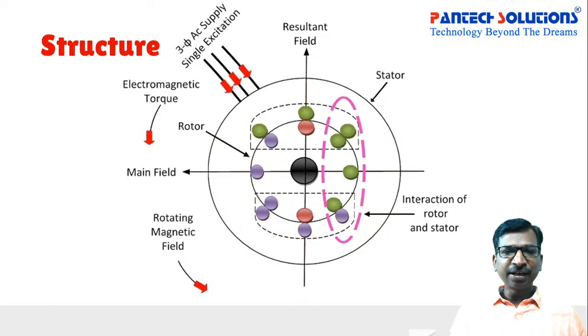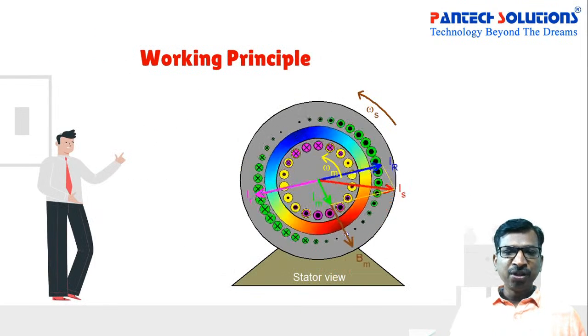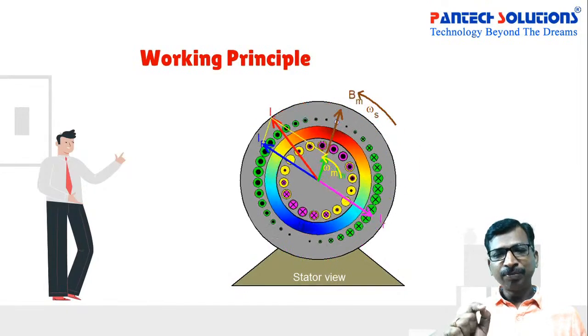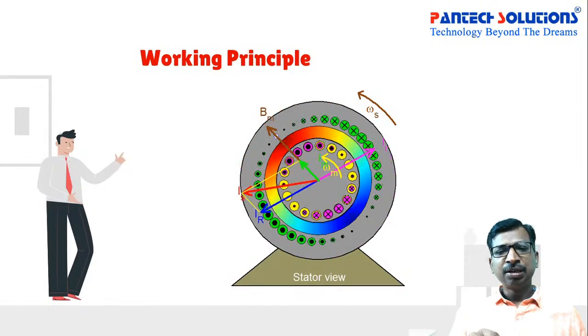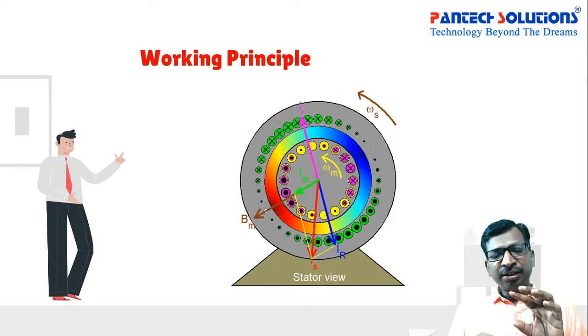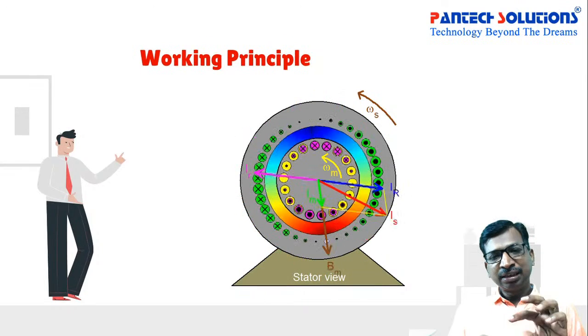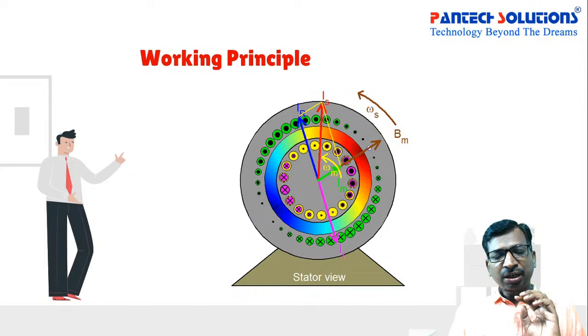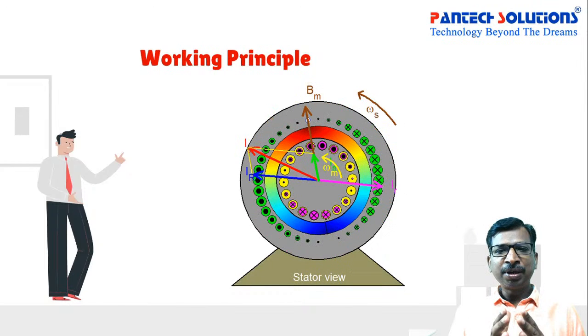If you take this animation, the stator has a resultant flux, and similarly the rotor also has a resultant flux. But the rotor will try to catch the resultant flux of the stator. It will not catch it exactly, but it will always try to catch it.